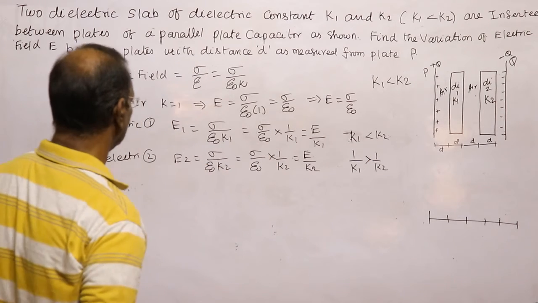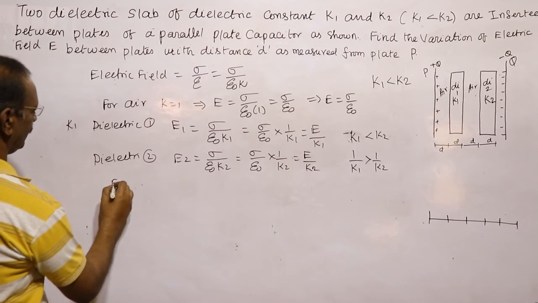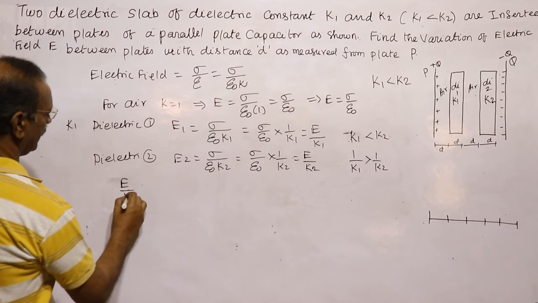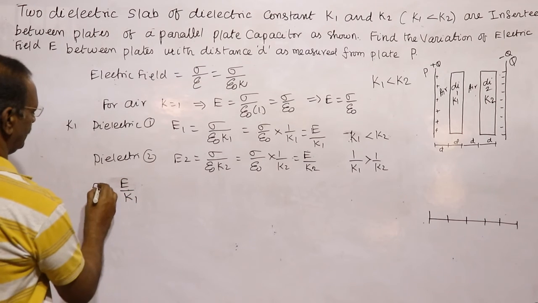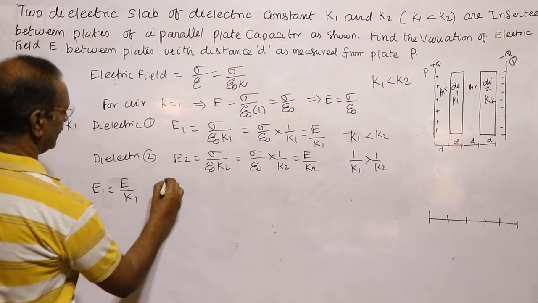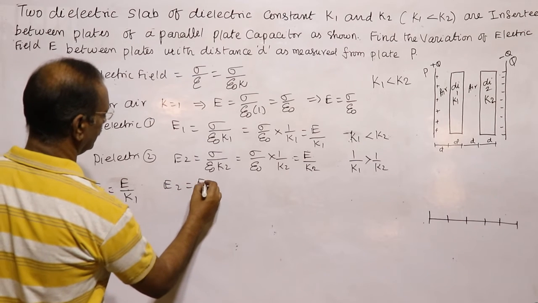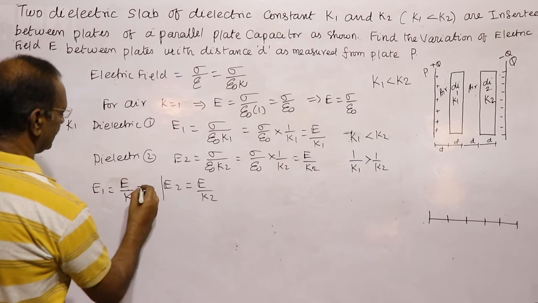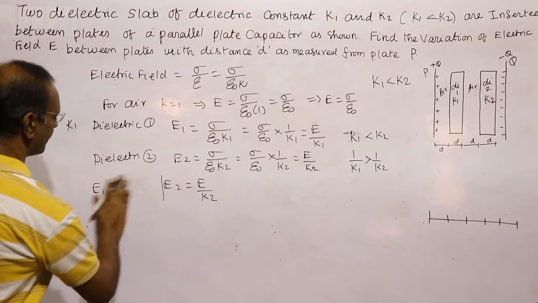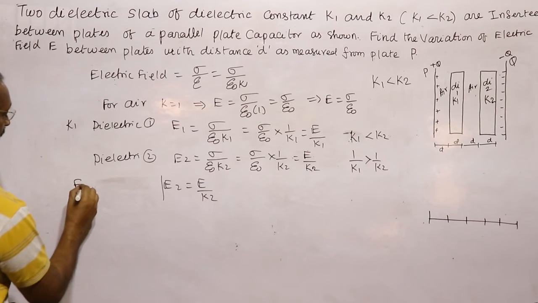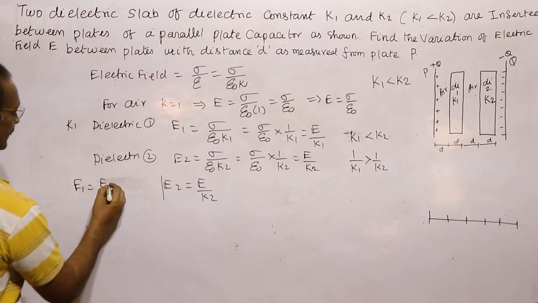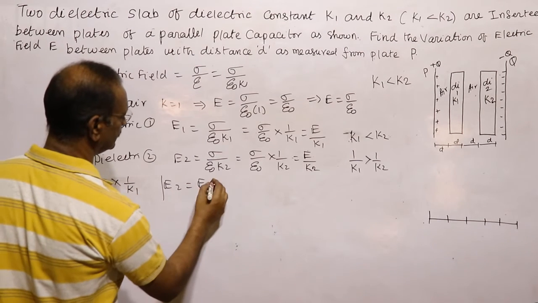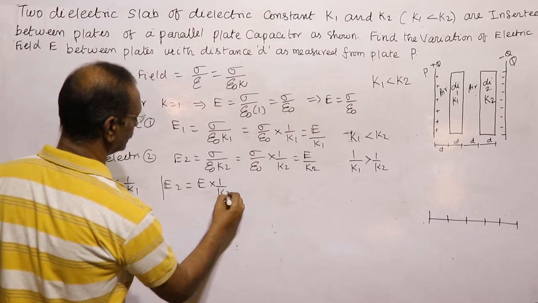So E1 is equal to E by K1 and E2 is equal to E by K2. Or we can write E1 is equal to E into 1 by K1 and E2 is equal to E into 1 by K2.